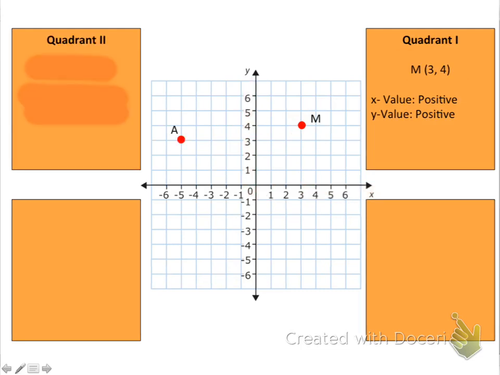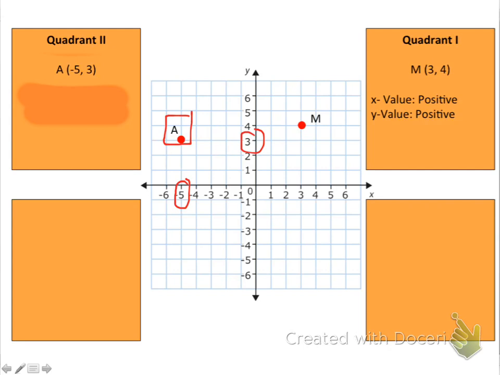All right, let's talk about quadrant 2. Quadrant 2 is this quadrant over here. Let's first talk about point A. The coordinates of point A are (-5, 3). Using that ordered pair, what can you tell me about all the x values in quadrant 2?